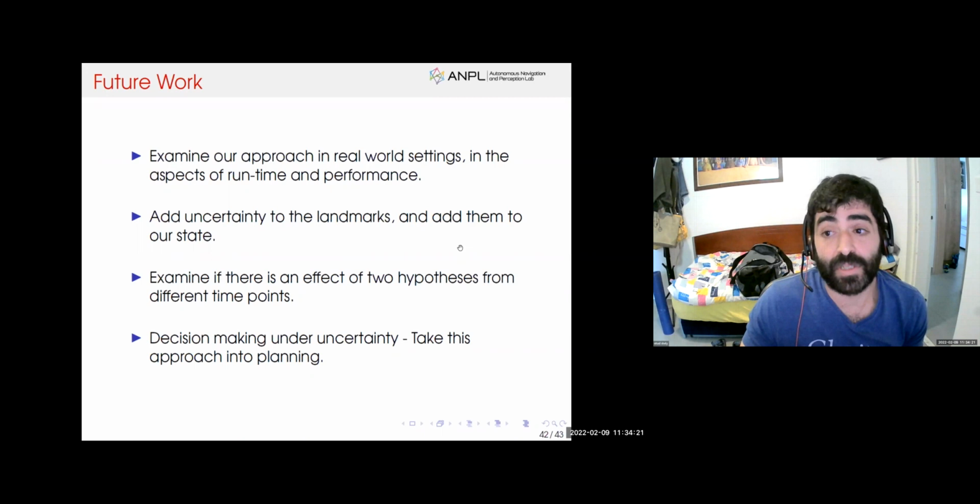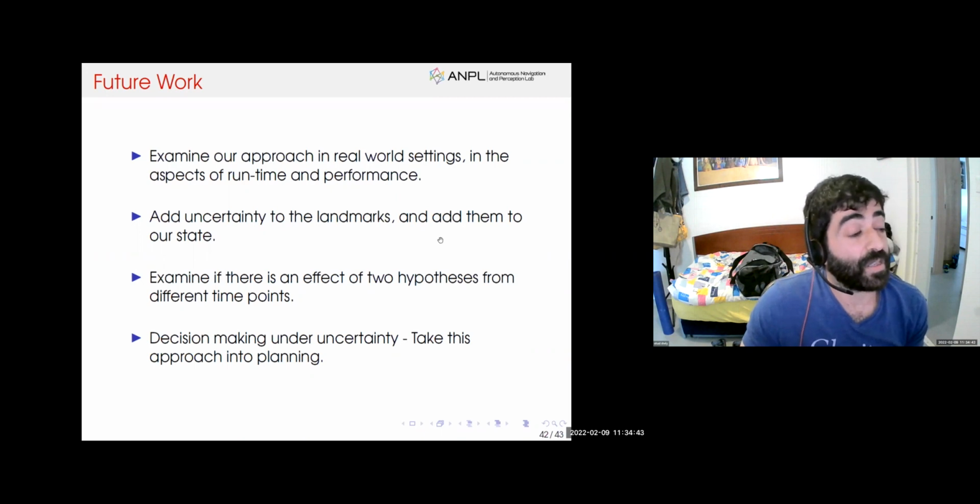As mentioned in our assumptions, the landmarks are static and known. We think that it would be very interesting to show how adding a level of uncertainty to the landmarks would contribute to the calculations and the complexity of the approach. This can be done, by the way, in a very simple form, we think, at least.